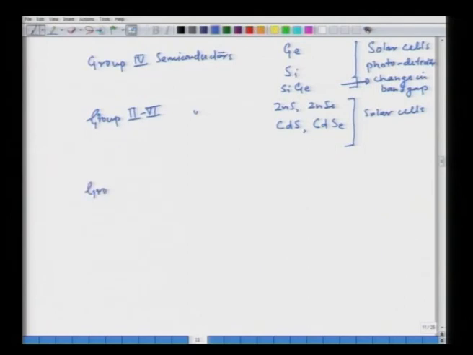Then we have group 3,5 materials, which are basically gallium, aluminum, indium, arsenic, phosphide, nitrogen.